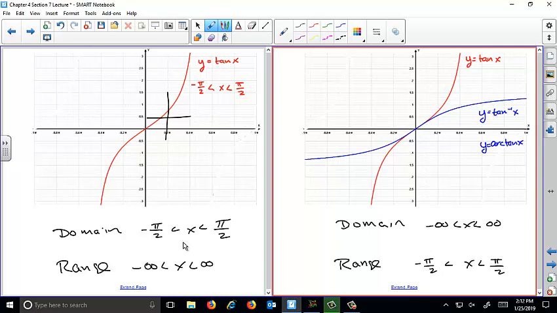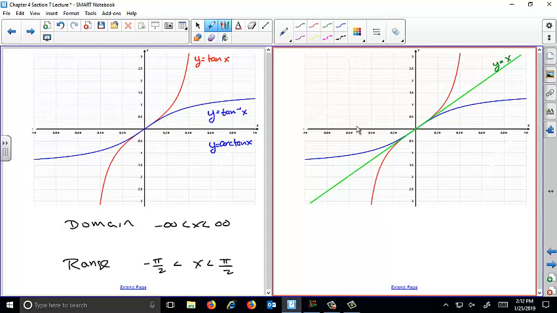Whereas with the cosine, we couldn't take the inverse cosine of a number greater than 1 or less than negative 1, for tangent, you can take the inverse tangent of any number. It'll give you an answer. And if I plot the line y equals x, again, you can see how they're symmetric across that line. So it has all the characteristics of an inverse function.